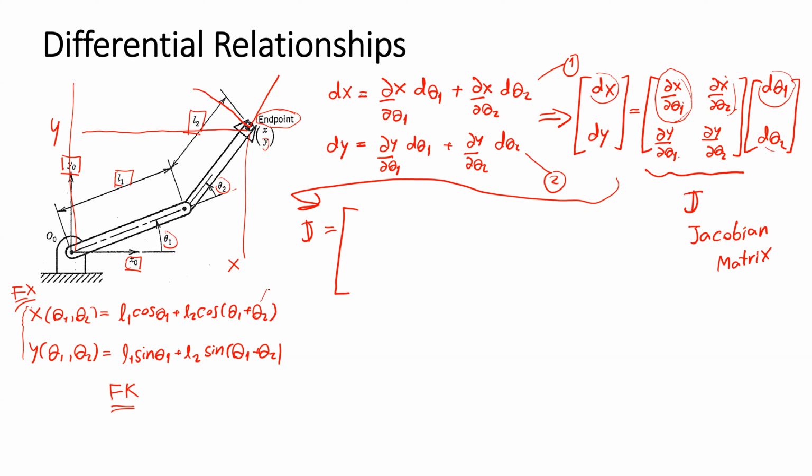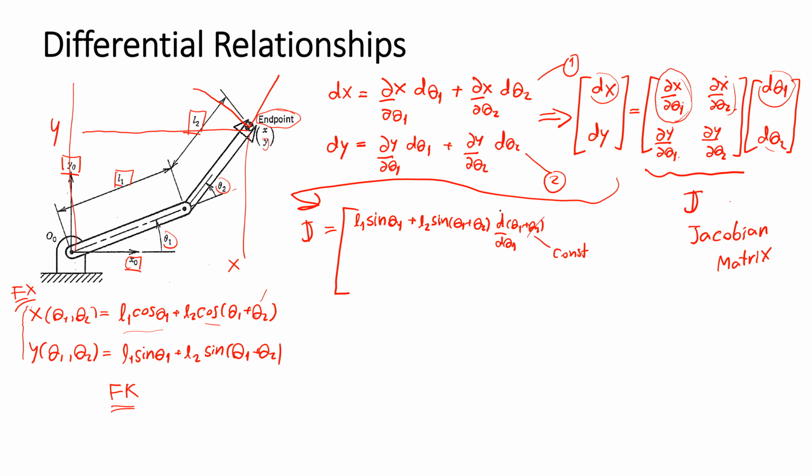The derivative of cosine will be minus sine. By the way, we need the derivative of θ1 plus θ2 by θ1, right? But if we use the partial operation, it means θ2 is a constant.